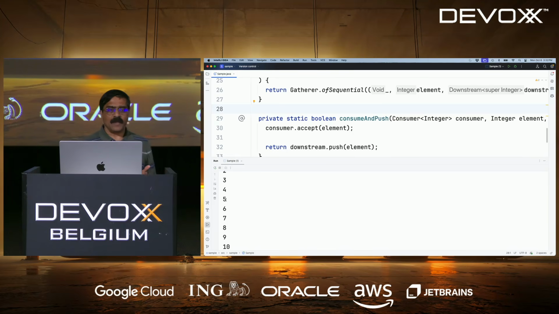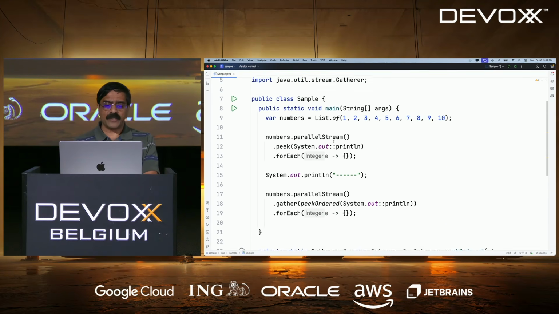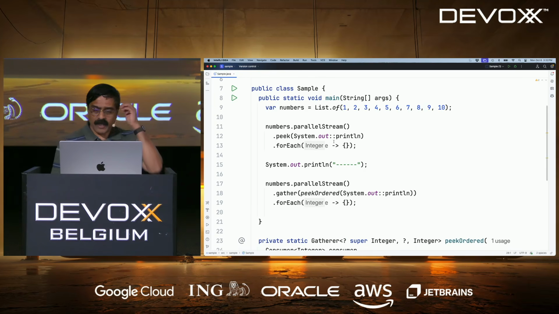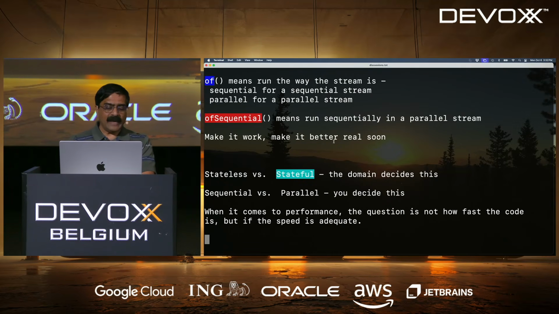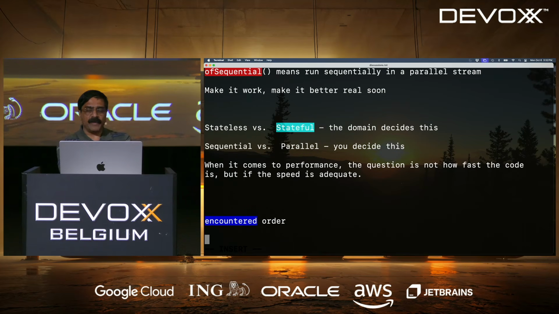Streams have what is called an order that it implements. This order is actually not something you cook up. So that's why the term used is called encountered order. So what does the word encountered order mean?